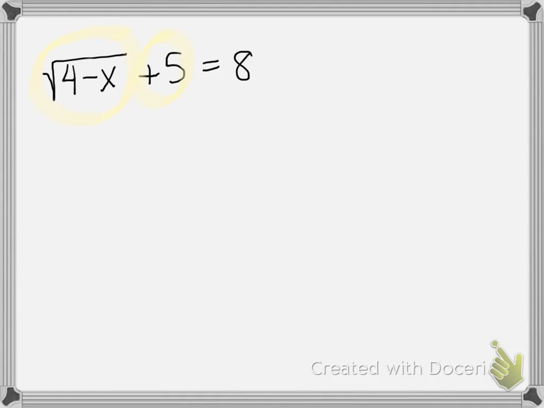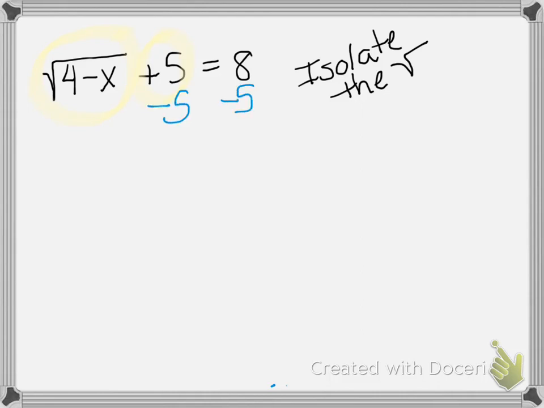So I can't just square both sides. So I want to isolate the radical. That's the first thing you want to do. So to isolate the radical, I'm going to subtract 5 from each side. What I mean by isolate the radical is get the radical by itself on one side.